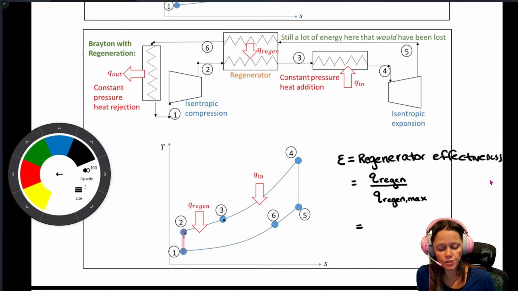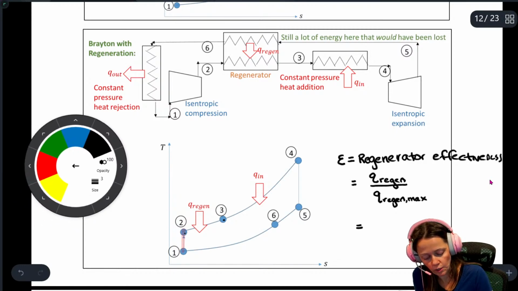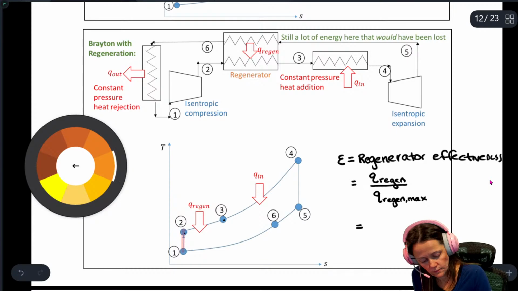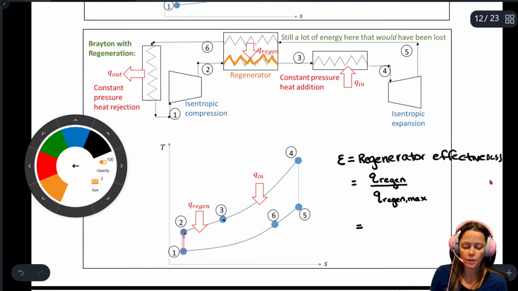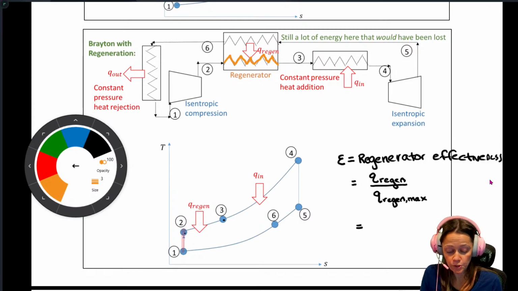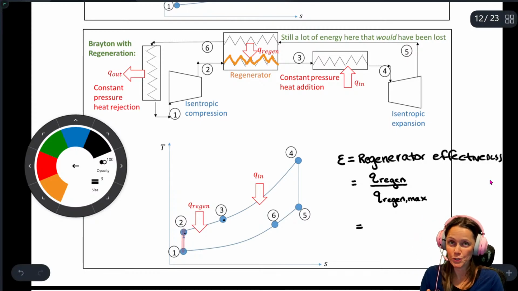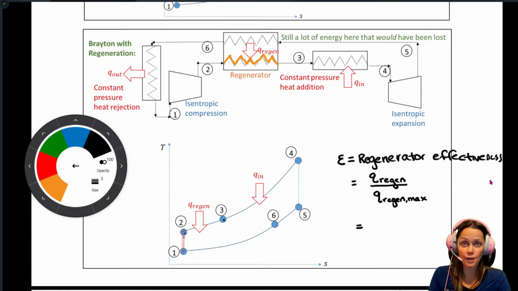So the Q regen, if I draw my control volume just around this guy, so I'm just looking at this little loop. If I apply my first law, it's an open system, with mass flowing in and mass flowing out.